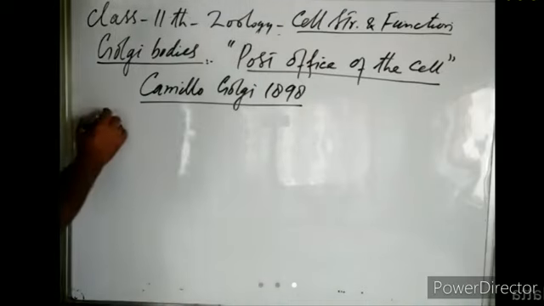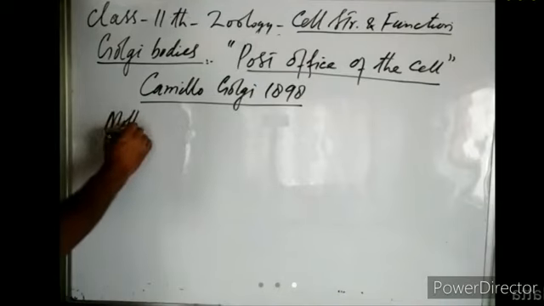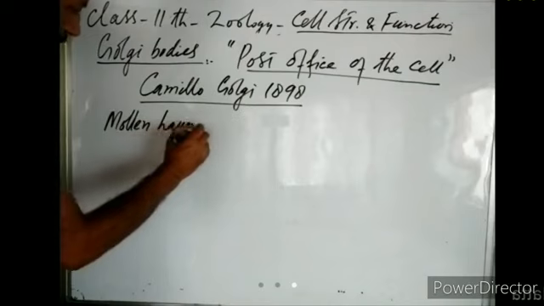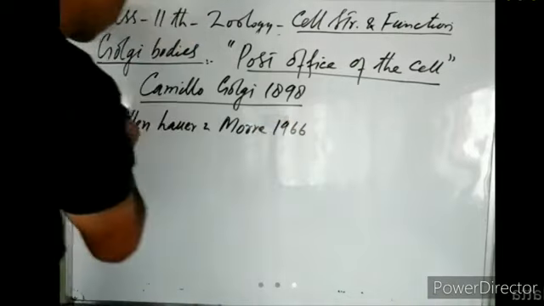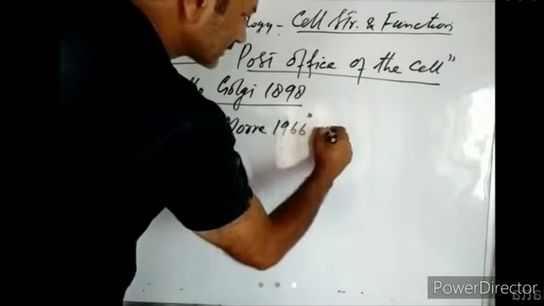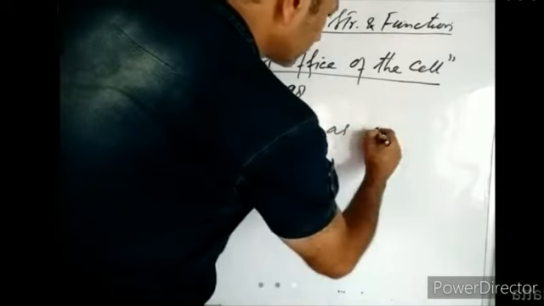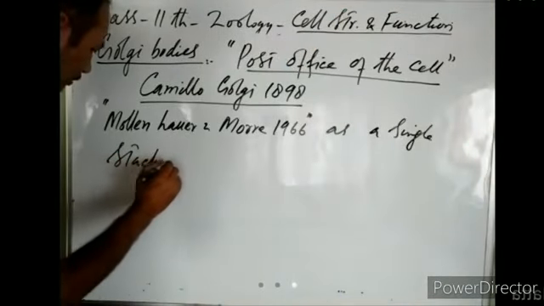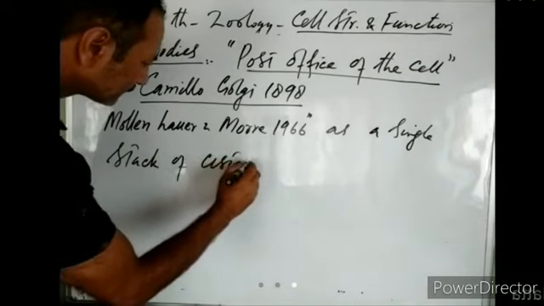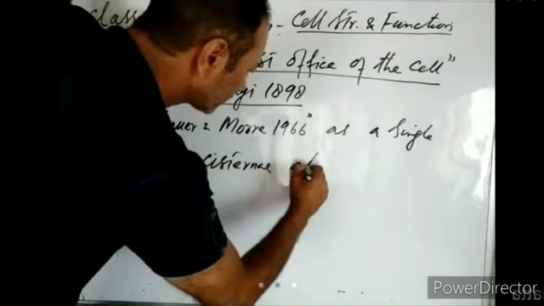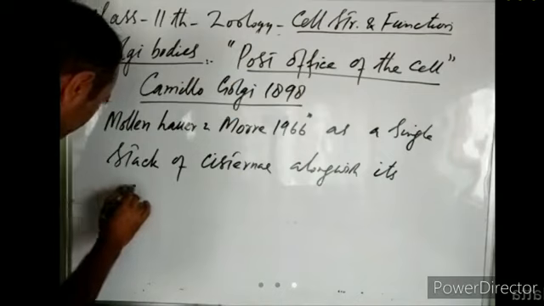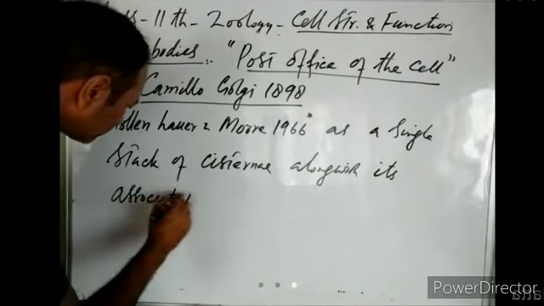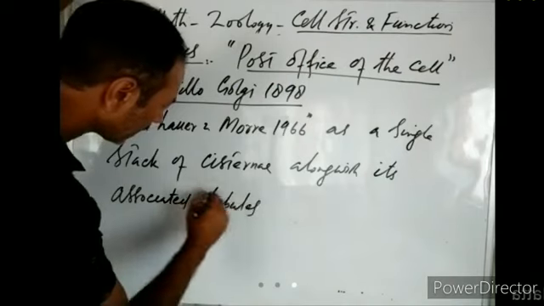Golgi body was described by Mollenhauer and Moore in 1966 as a single stack of cisternae along with its associated tubules and vesicles.